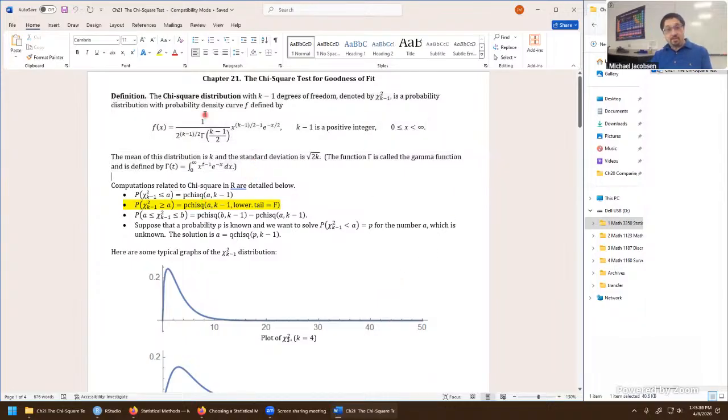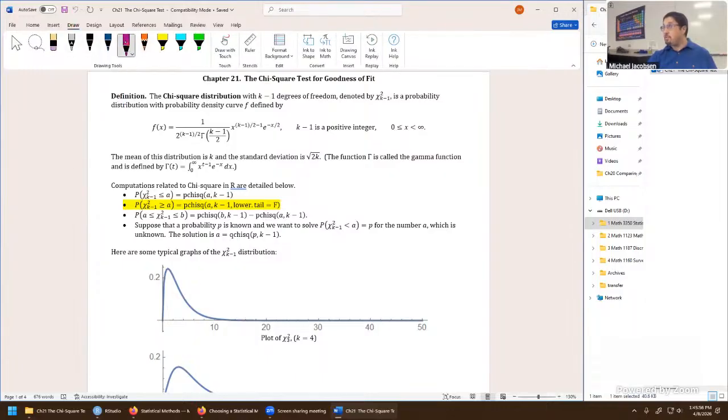So if you want to actually define the probability density function for the chi-squared model, it's this, a pretty complicated mathematical structure. K minus 1 has to be a positive integer. It's referred to as the degrees of freedom. But already that gives us some interesting information in this new landscape. K is going to be the number of outcomes.